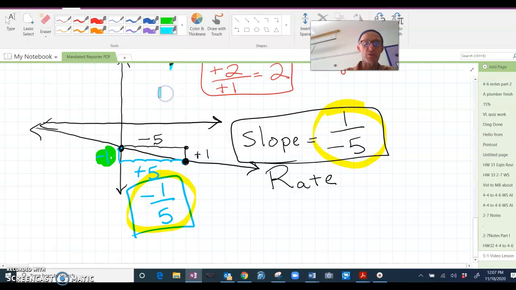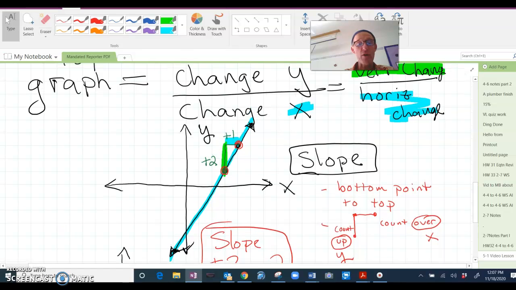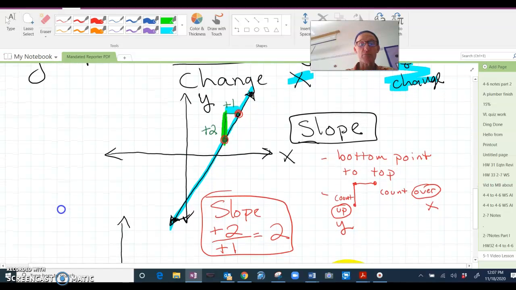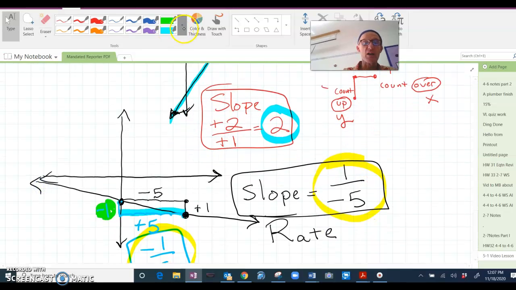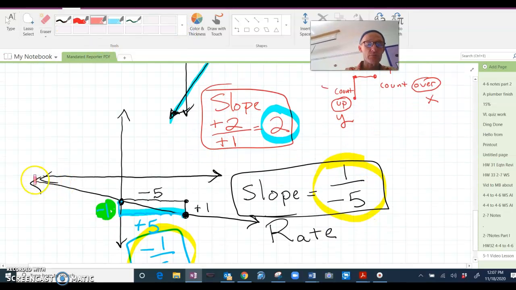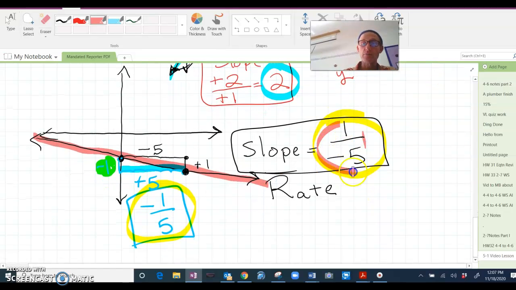Now it's going to be blue over blue. It's not going to be real pretty, but there it is. So that's the slope when you've got a graph. What's the slope of this line? 2 over 1. What's the slope of this line? Negative 1 over 5.